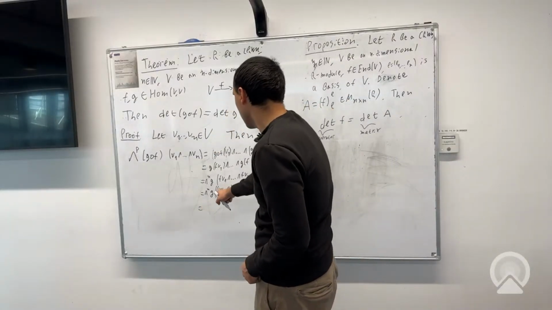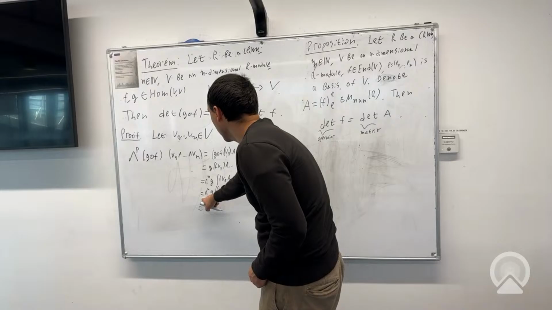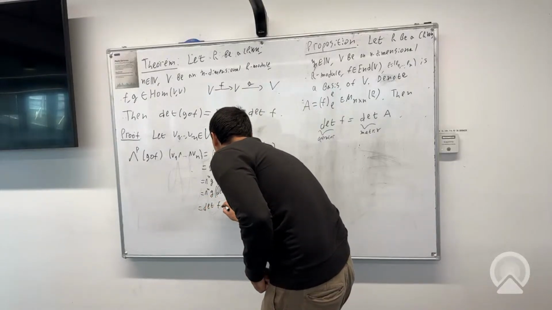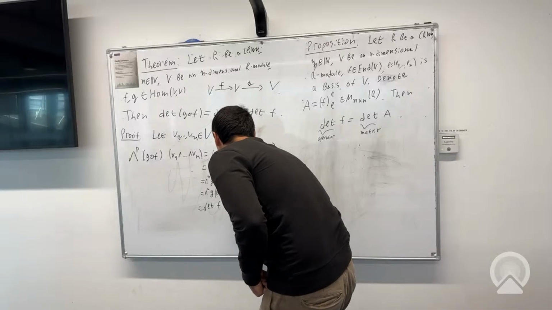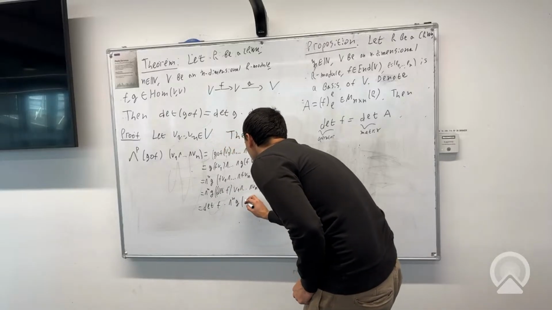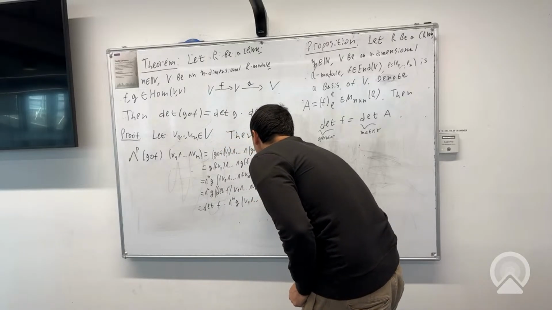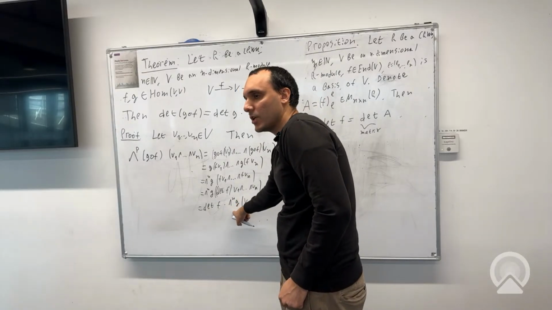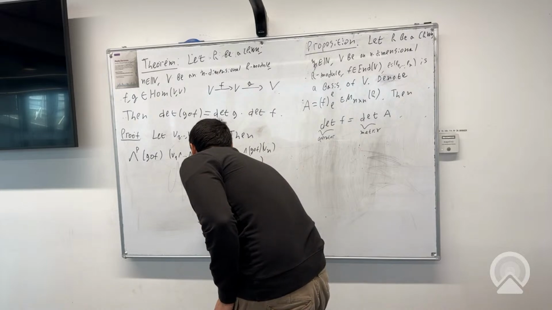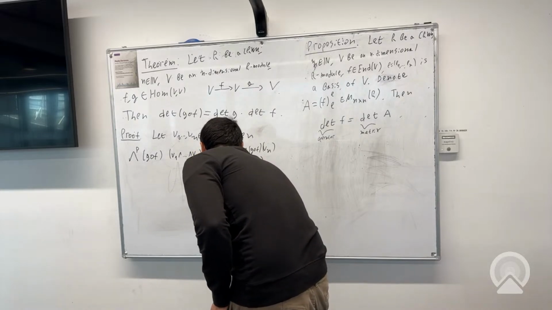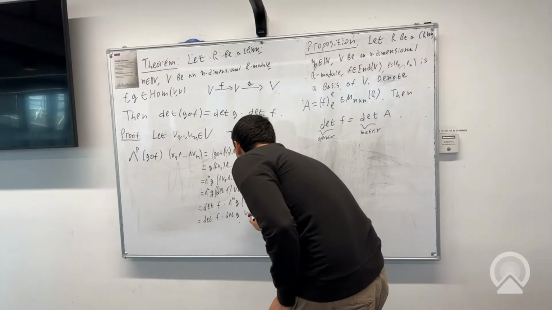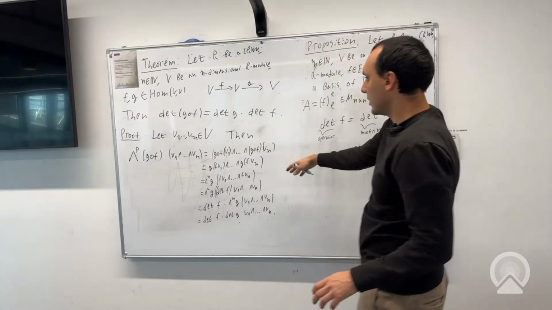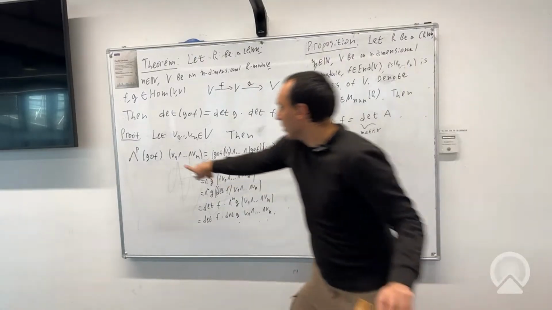And it is also, by the definition of determinant, determinant of F times G of V1 to Vn. And this is determinant of F times determinant of G times V1 to Vn. So we proved this.